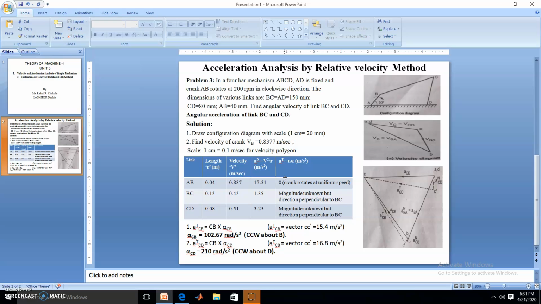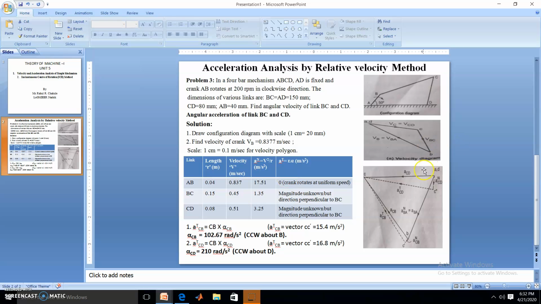Based on that value, I am taking the scale for the acceleration polygon as 1 centimeter is equal to 2 meter per second square, because the magnitude of the radial component for the crank is 17.51 meter per second square.